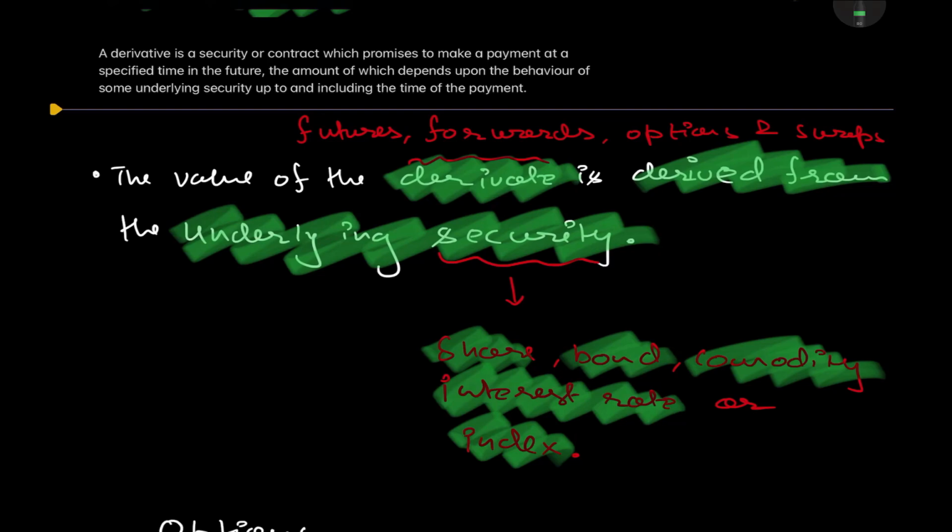So there are many indexes based on which we can decide on a contract which pays a certain amount if the contract goes a certain way. Okay. So essentially a derivative is just a contract whose payment depends on the value that the underlying security takes. Okay. So this is what you need to know.